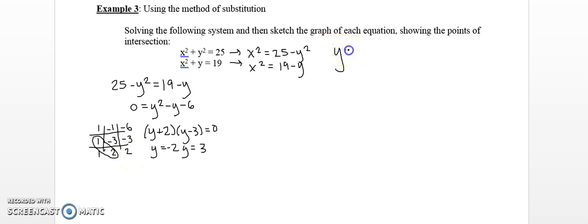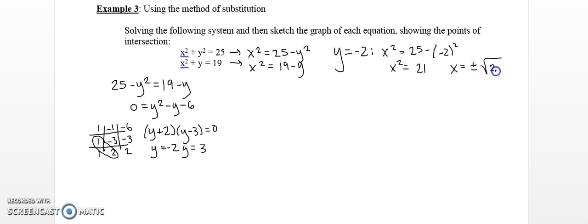So when y equals negative 2, that's the one I'm going to start with. For the first equation, x squared is 25 minus whatever y squared is. Actually, y is negative 2. If I square that, I get 4, and 25 minus 4 is 21. And then x is the square root of that, but let's not forget it could be either positive or negative.